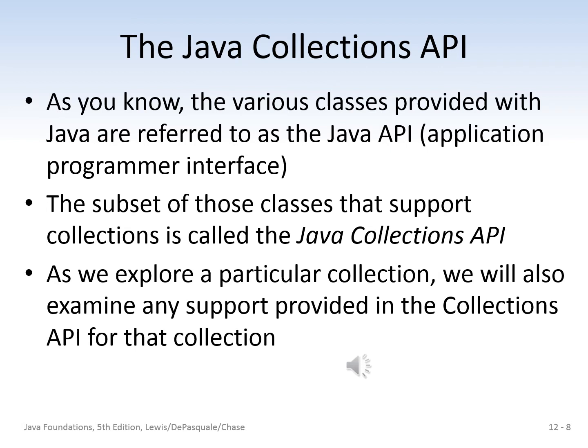And as we start to implement, or I should say, analyze and implement a particular collection, we'll also review all the support provided in the Collections API for that particular collection, such as the stack, which will be the first collection we're going to work with.